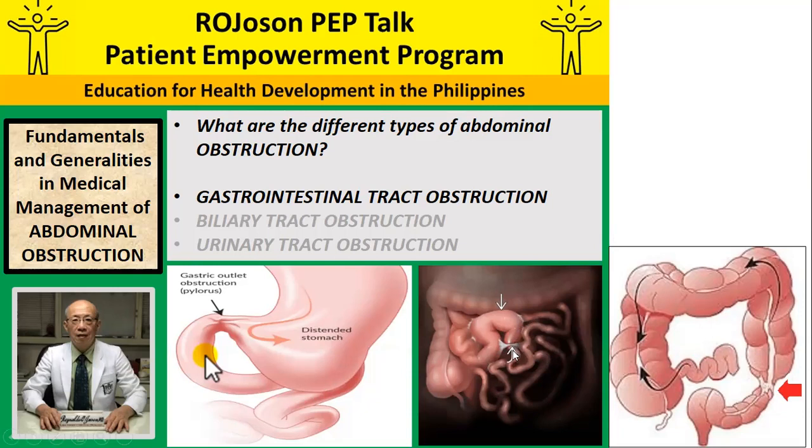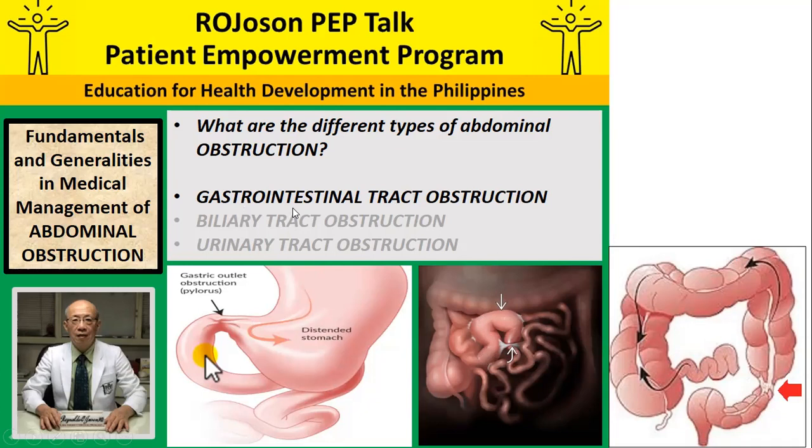Whenever there's a block here, there's usually distension of the upper part of the intestine. Here is showing a block in the colon, the large bowel, showing distension of the upper part of the colon. So these are examples of gastrointestinal tract obstruction.